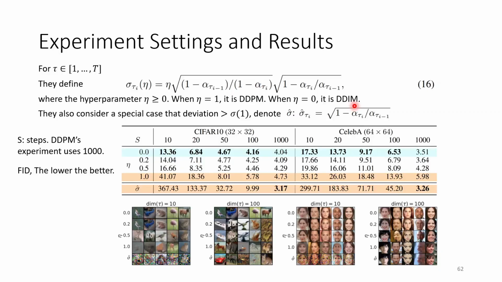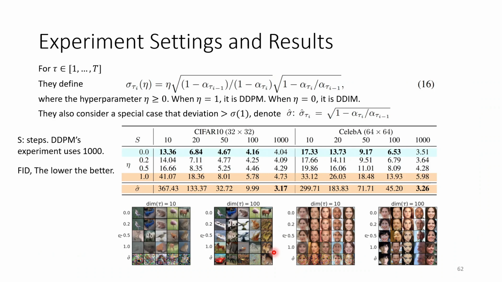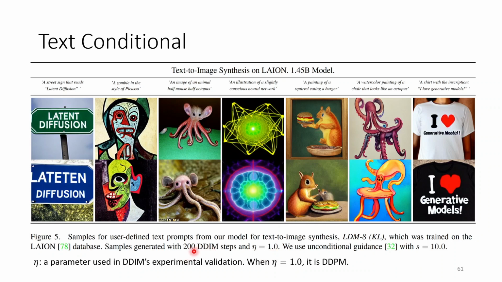So let's go back here. In their experiment results, they set eta as 1. What does it mean? It's just DDPM, even though they mention this is a DDIM model with 200 steps. In fact, it is a DDPM model with 200 steps.